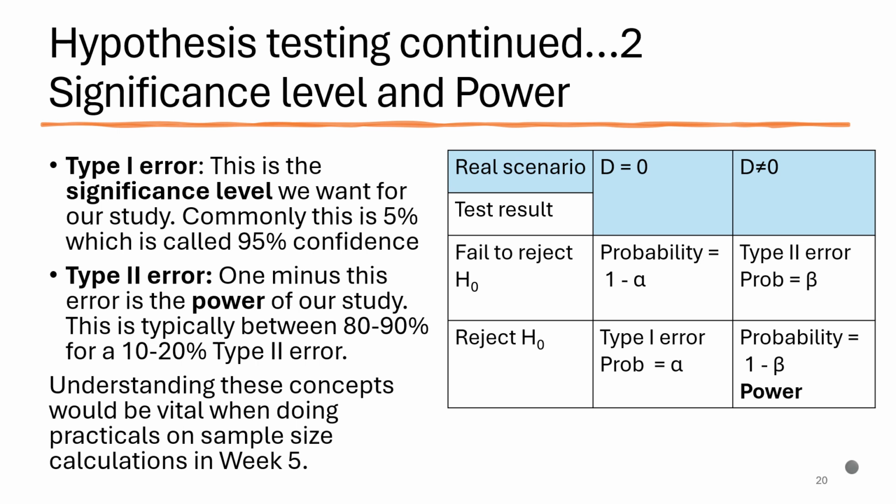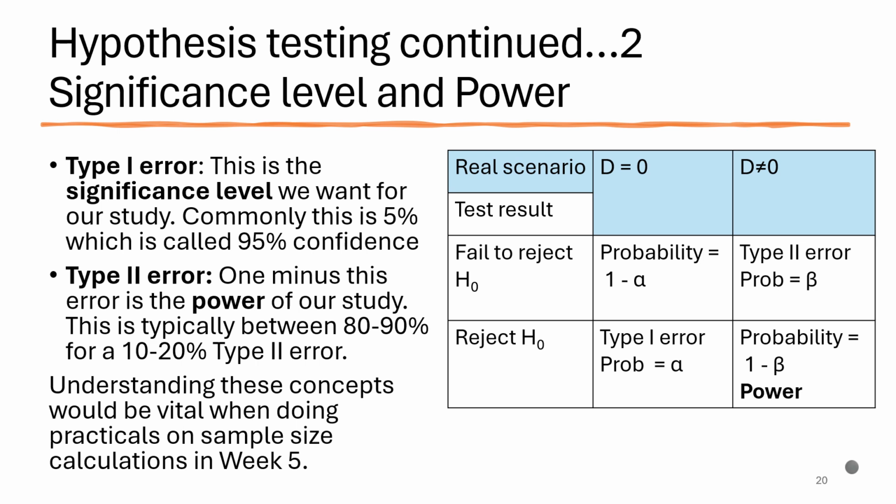When we're doing statistical testing, we test against a 5% significance level. So it's that significance level, that's that alpha that you can see inside the table that's there. So commonly, this is 5%, which is called 95% confidence. That's the way to think about it.